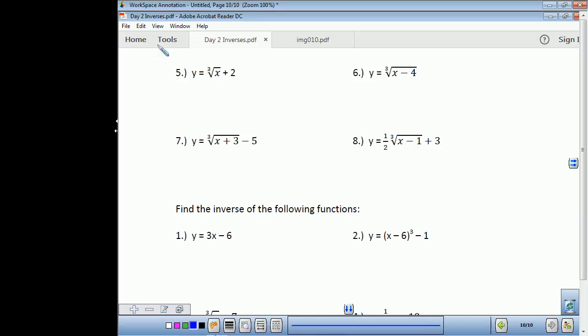Alright, so those were our 4 examples on how to take a cubic function and write its inverse, which is cubed root. Well, now we're starting with cubed root, so what will its inverse be? Cubed. Okay, so same steps. Switch x and y. Subtract 2.